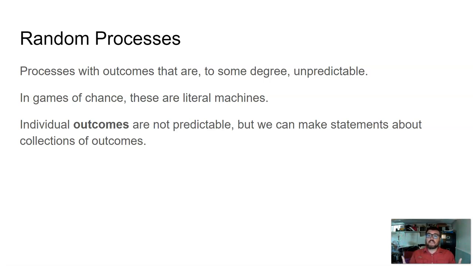The individual outcomes are not predictable. But if there are whole collections of them, like if the bubblegum machine just has red and white bubblegum balls in it, and you know that you're never going to get a blue one, but you might get a red or you might get a white, whether you're more likely to get a red or white one depends on how many of each color there are. And that's what probability is about studying.